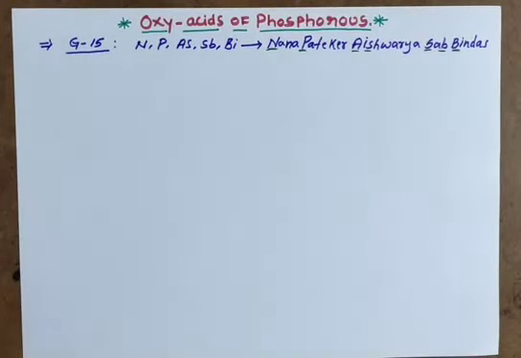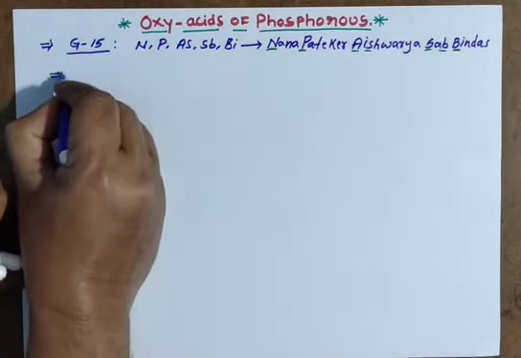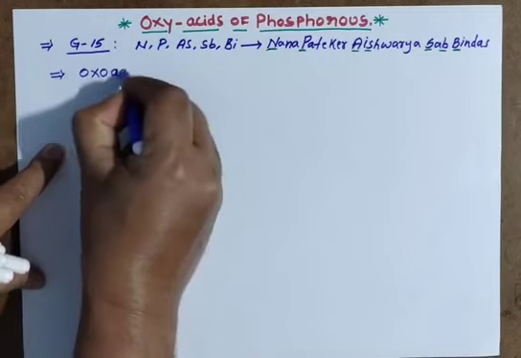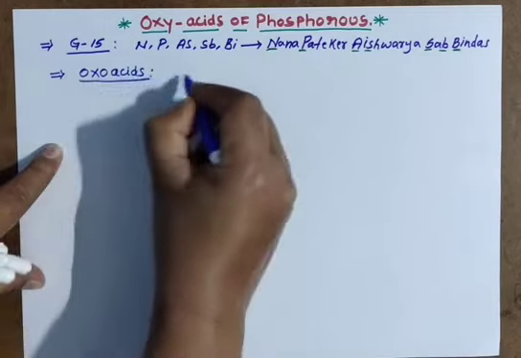So here we are discussing the concept today, oxyacids. See here, phosphorus can form different types of oxy or oxoacids.